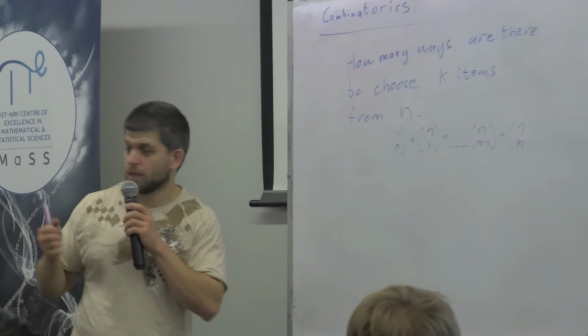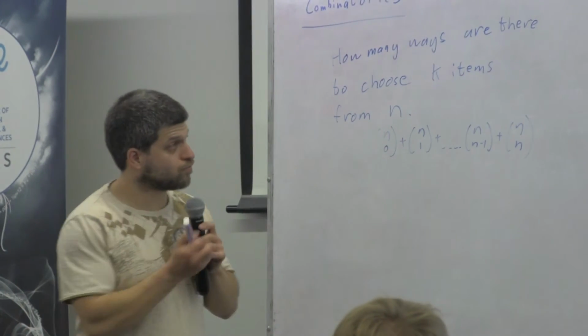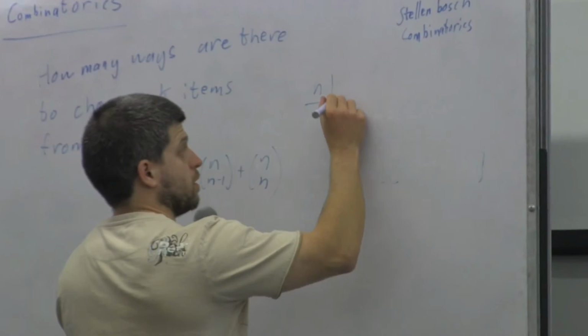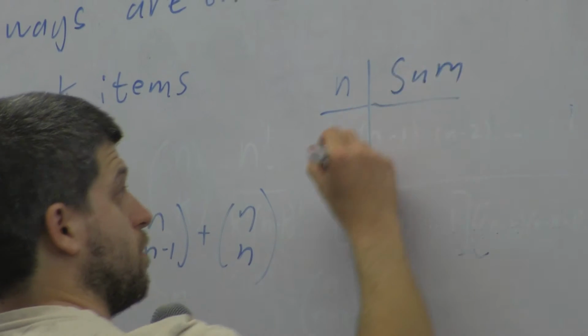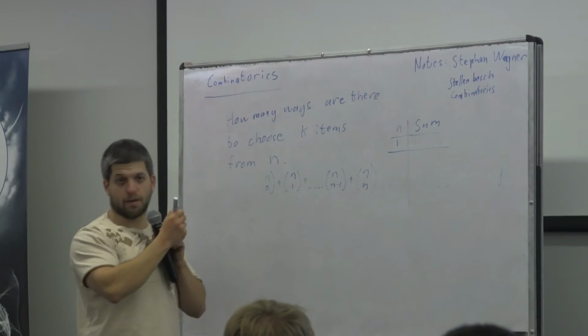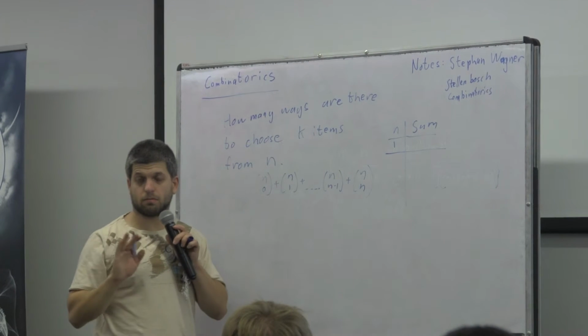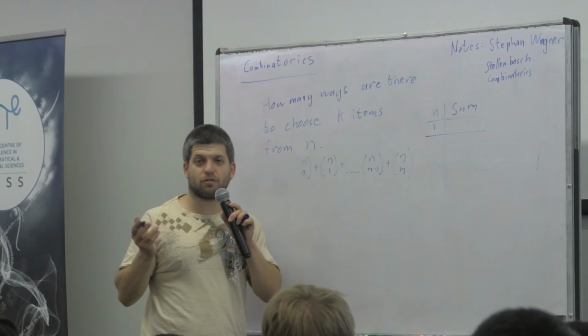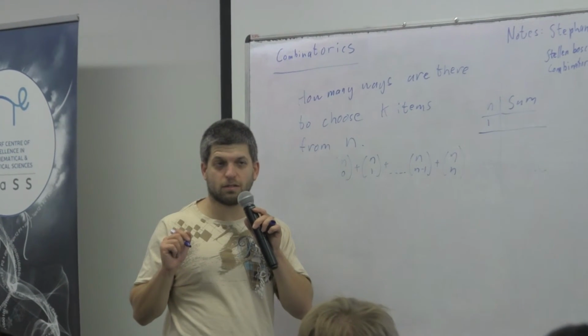When n equals 1, well, this is 1 choose nothing. How many ways are there to choose 0 people from a group of 1?